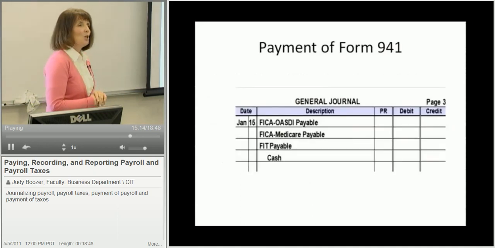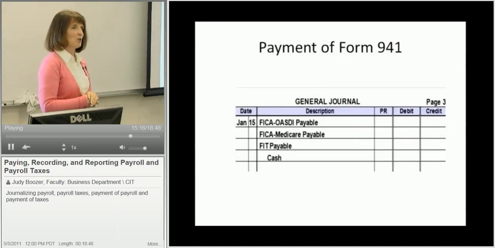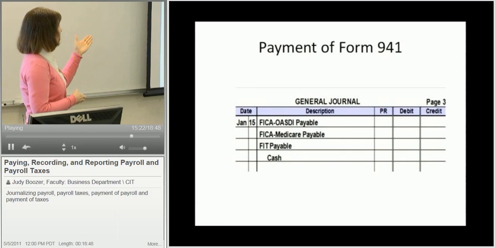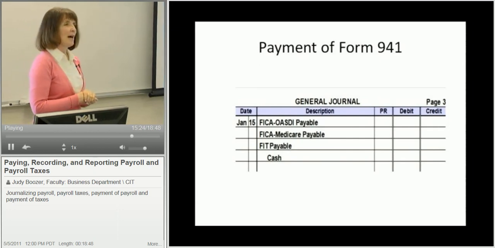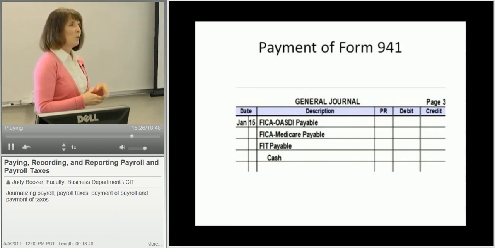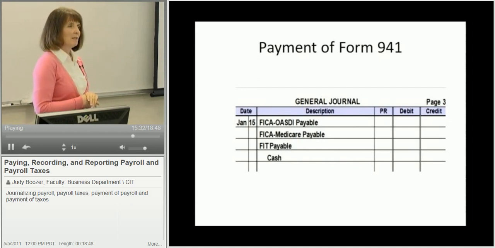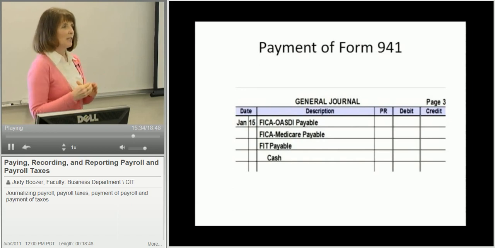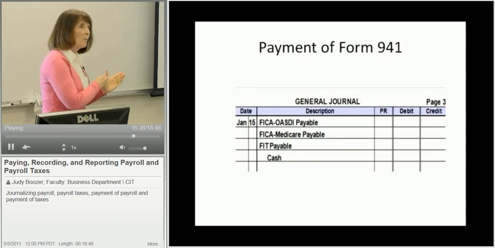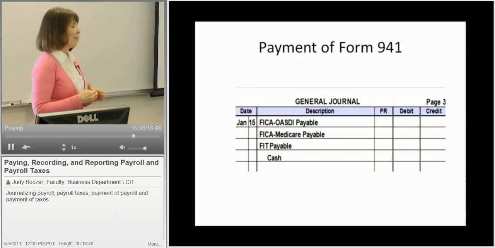Now, you will, however, have to do some journal entries regarding some of these taxes we've talked about. So, remember when we recorded the FICA OASDI payable, when we recorded everything from payroll? Whenever we debit it, what does that mean? We're decreasing the liability, or we're paying for that debt.